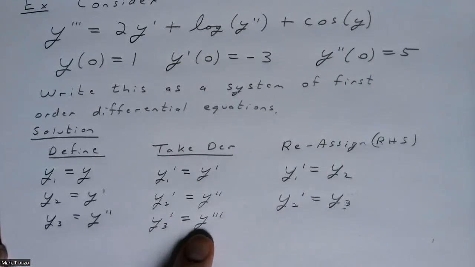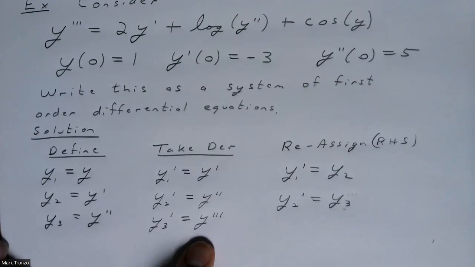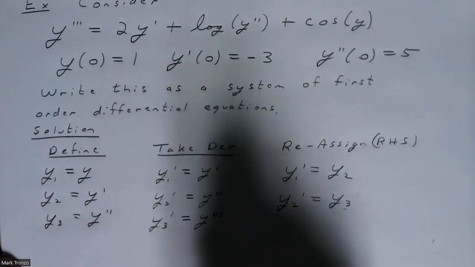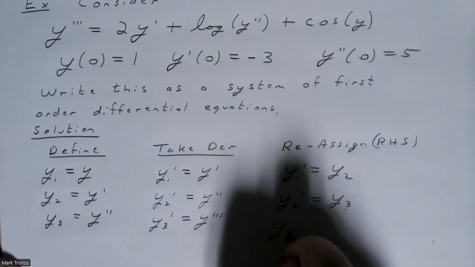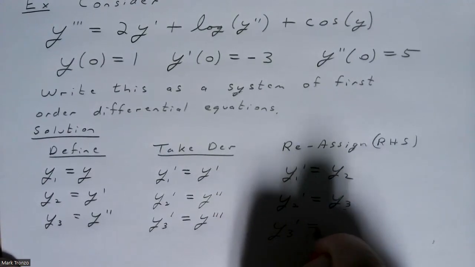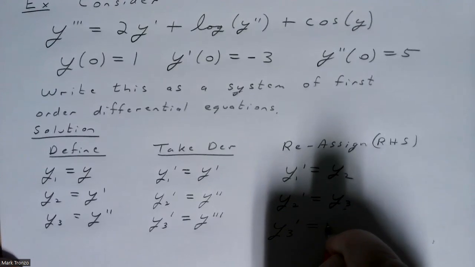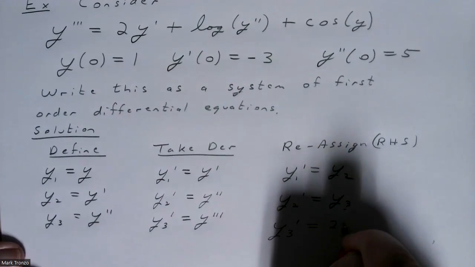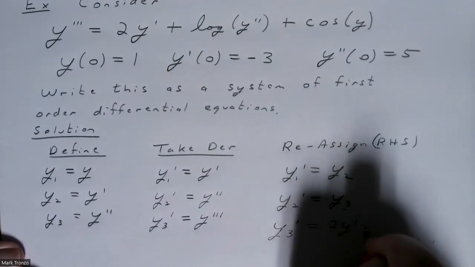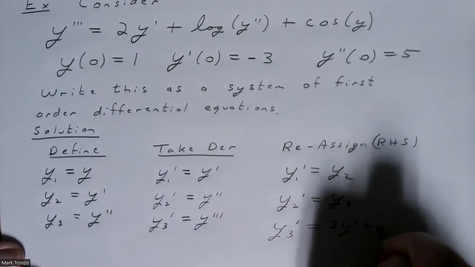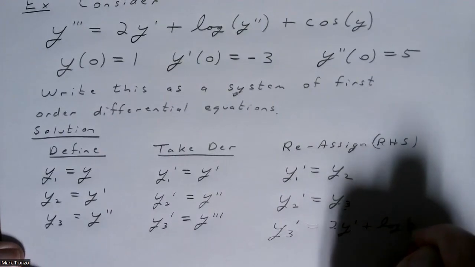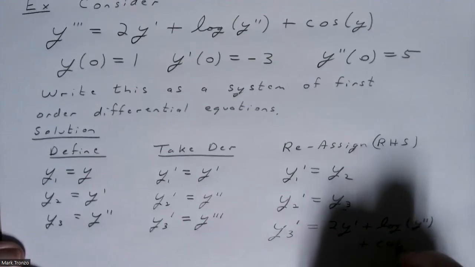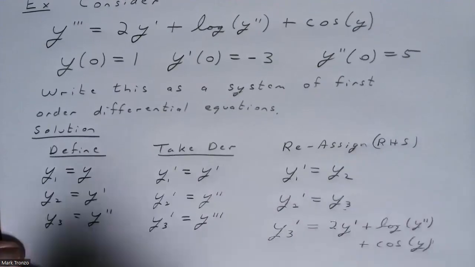And then, as I said before, when you get to the highest derivative, replace that with the original equation. And the original equation up here is 2y prime plus log y double prime plus cos y.